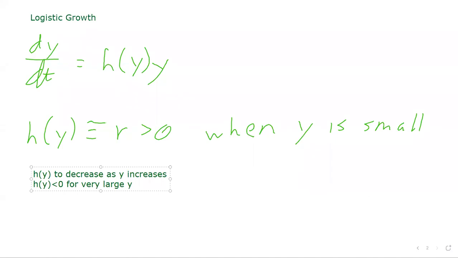So why do we want this to work this way? It will help to keep our dy/dt from going crazy. So as one gets big, the other is getting small. So it helps to balance them out.